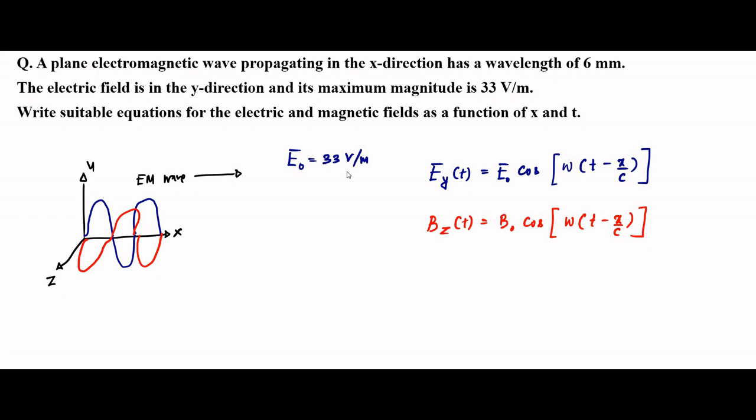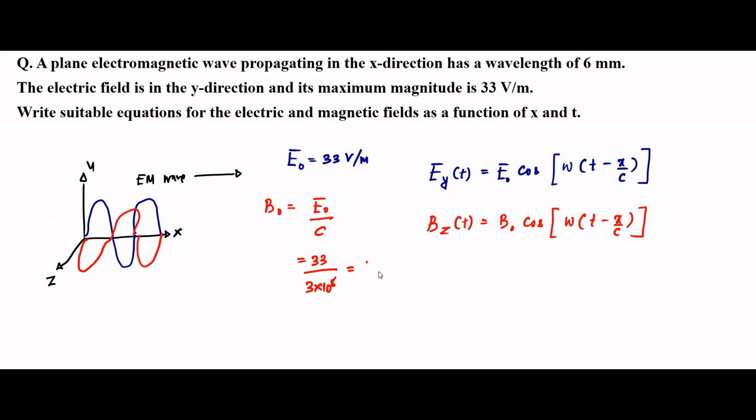So here E0 is equal to this much, so B0 will be equal to E0 by c, which is equal to 33 by 3 into 10 to the power 8, which is approximately 1 into 10 to the power minus 7.